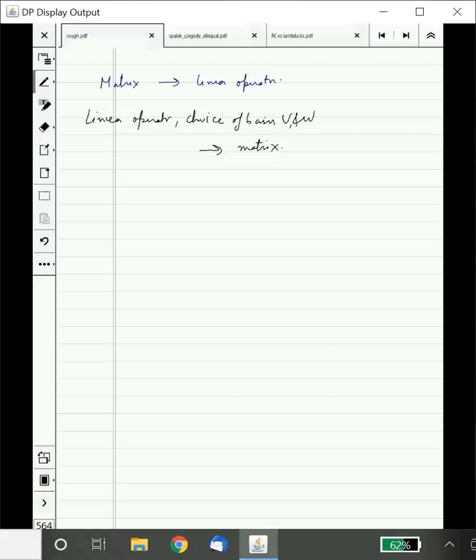And this is how the equivalence between matrices and linear operators works. We can write out the action of this matrix in ket notation very easily. So this is same as MV. On the right hand side I have the vector notation, and on the left hand side I have the Dirac notation. I can talk about inner product of U with vector MV.